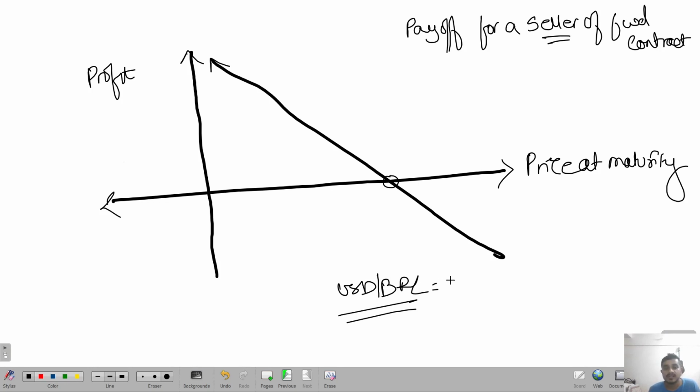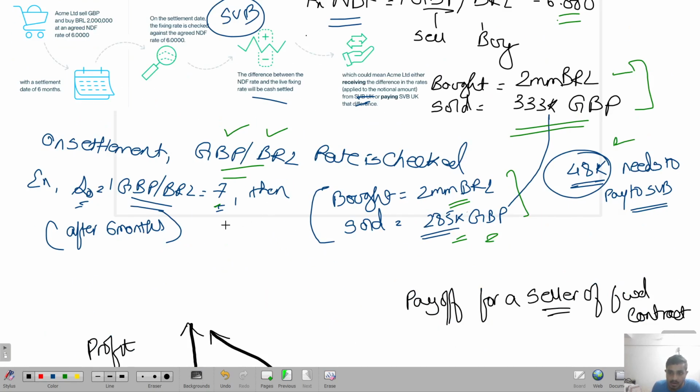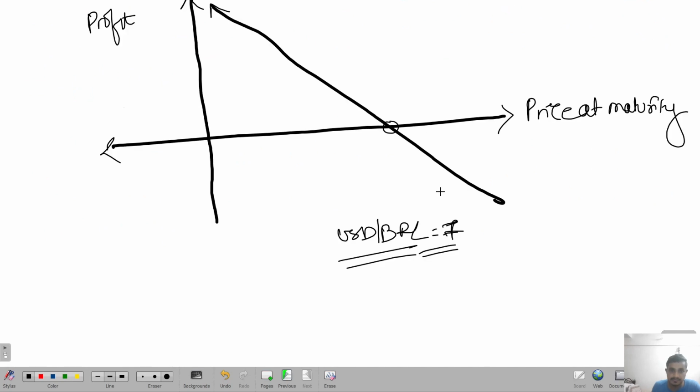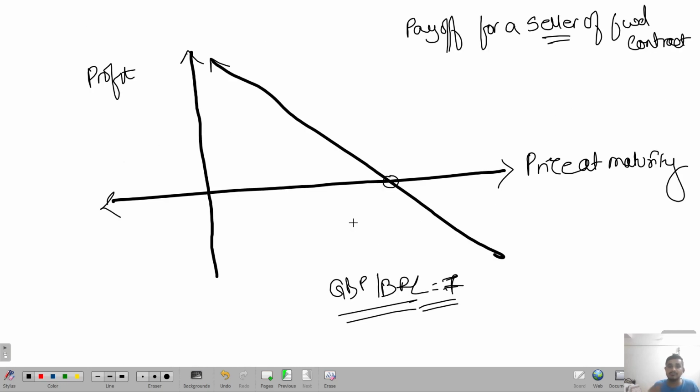And as we have seen, on the day of the spot, it increased to 7, which means GBP increased in value, right? That means we made a loss. This was basically the payoff.